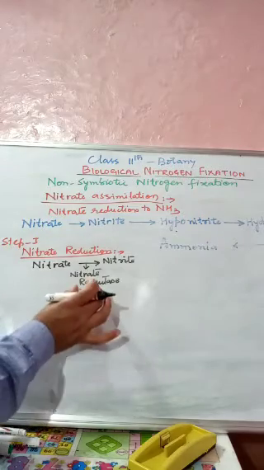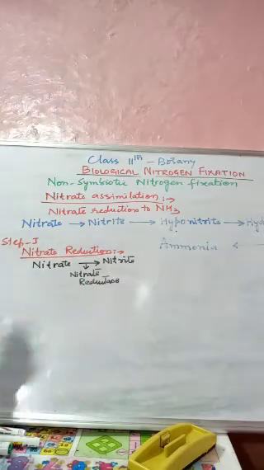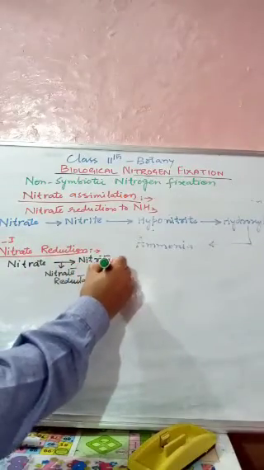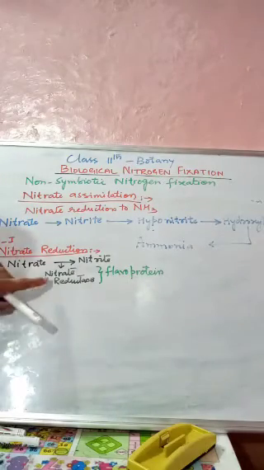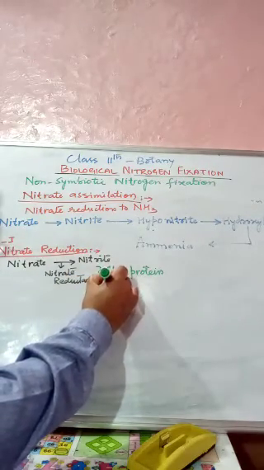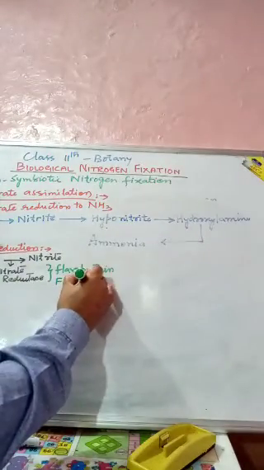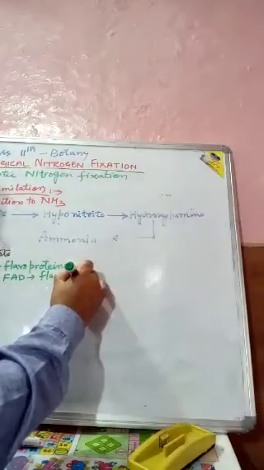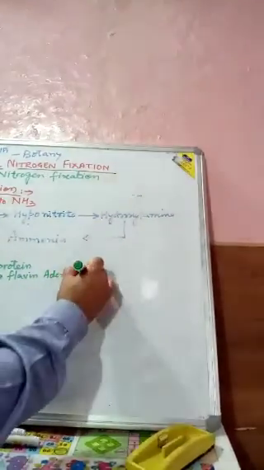Now, if we look at the structure of this nitrate reductase, this enzyme is simply a flavoprotein, and it contains FAD. What is the full form? Flavin adenine dinucleotide.